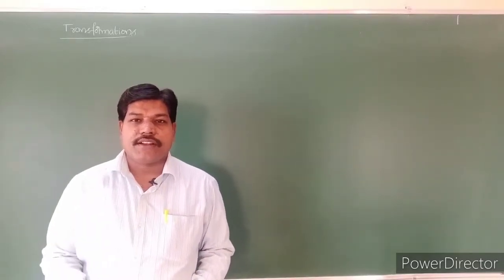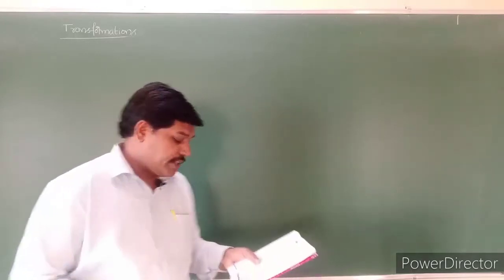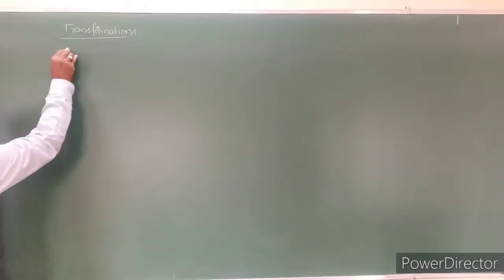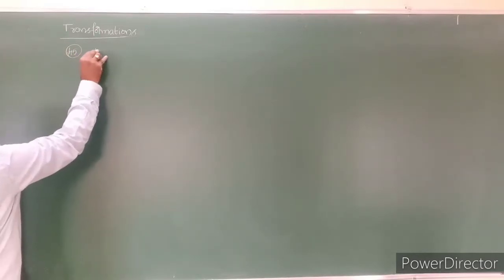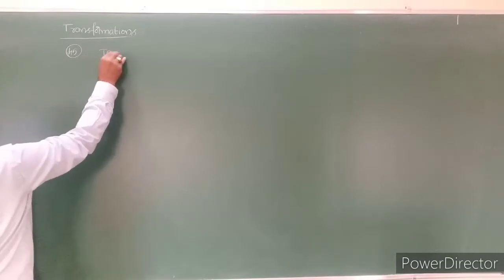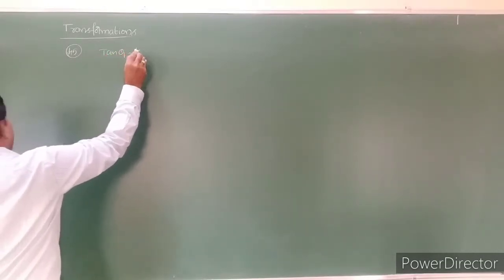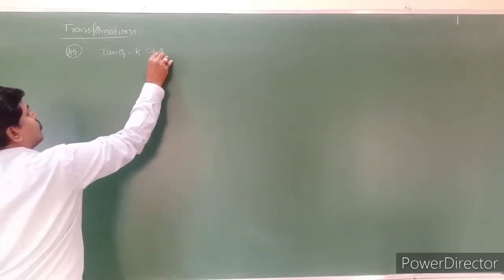See the next question, question number 45. So what is question number 45? See that question, students. Tan theta 1 is equal to k into cot theta 2.